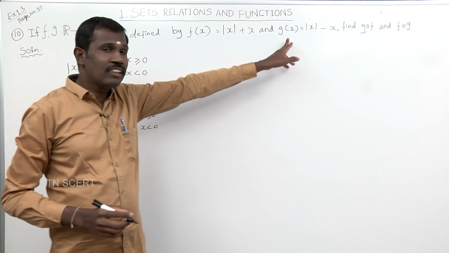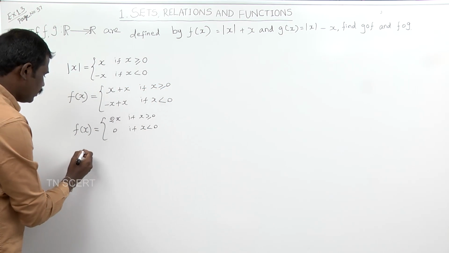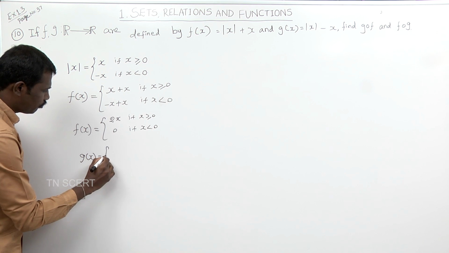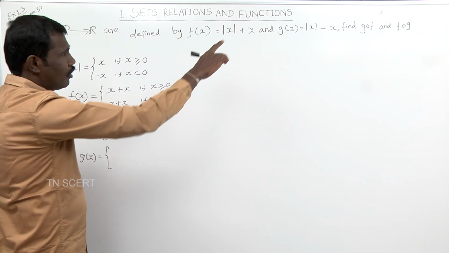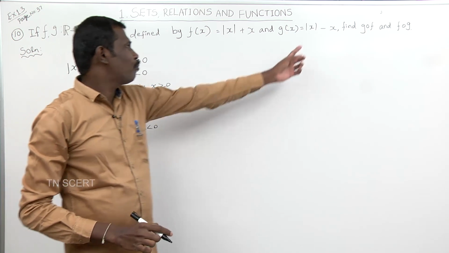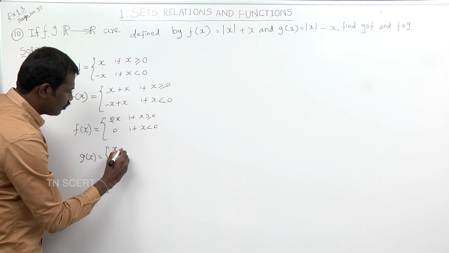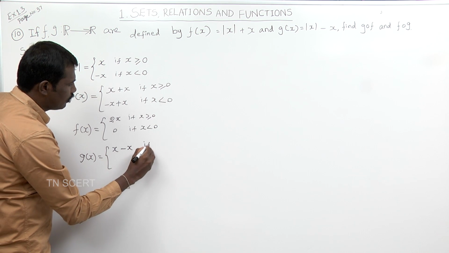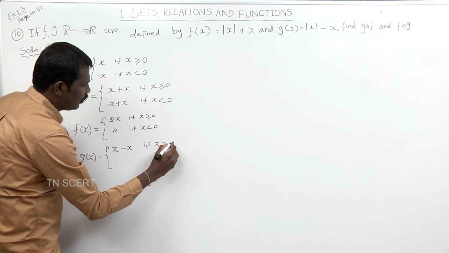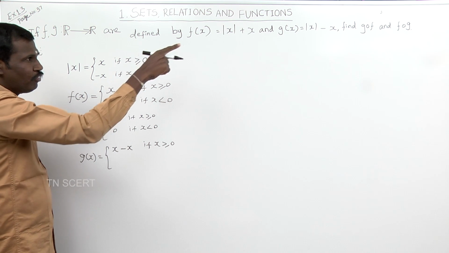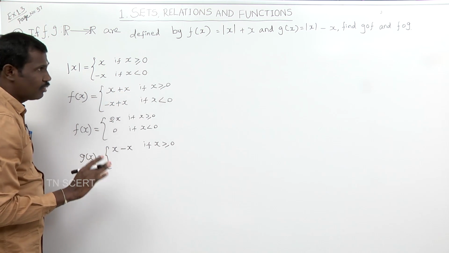Now, let us redefine g of x. What is g of x? g of x is equal to, when x is non-negative, modulus of x is simply x. So, this is x minus x if x is non-negative, that is whenever x is greater than or equal to 0, the value of mod x is simply x.